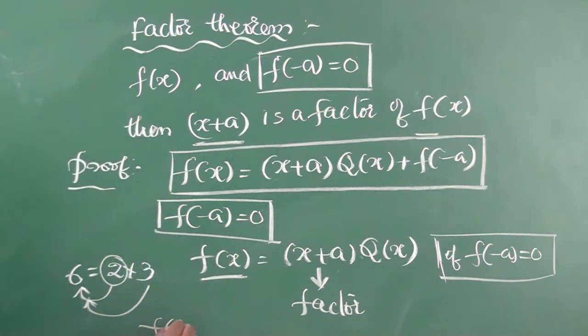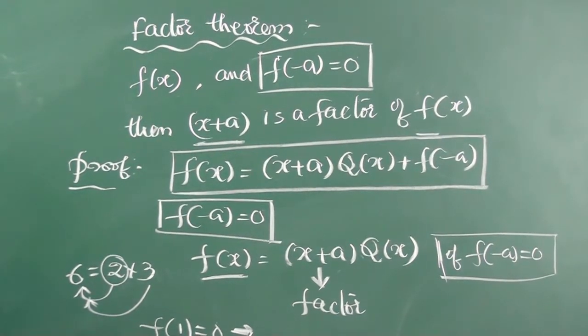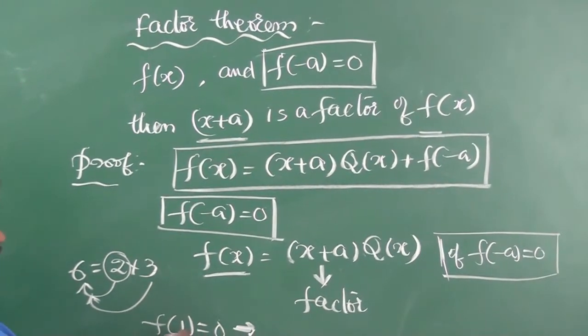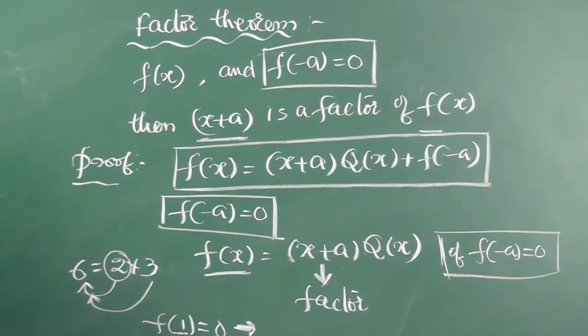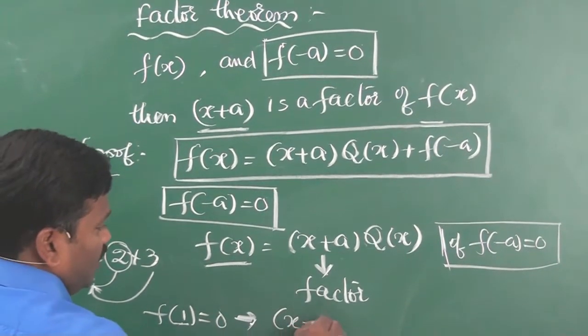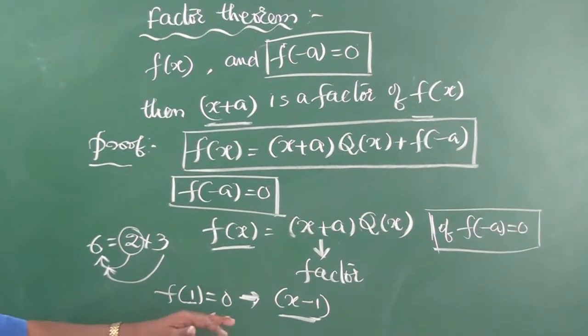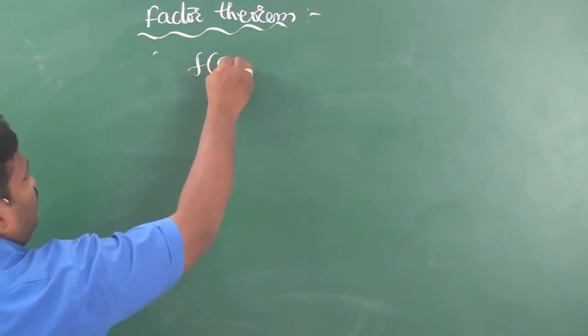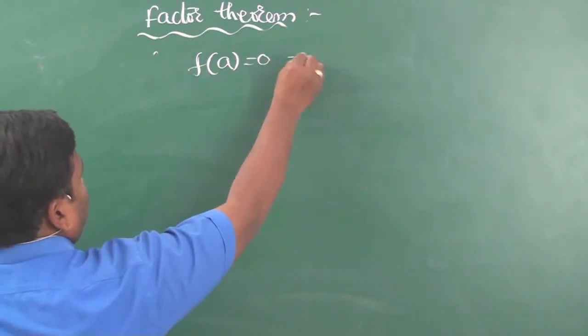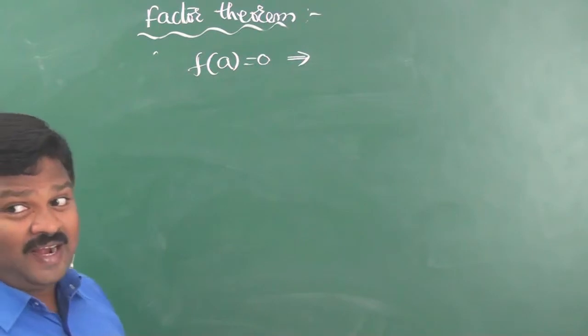Now, if f of 1 equal to 0, what is the factor? Say, f of 1 equal to 0. 1 is the zero of x minus 1. Therefore, x minus 1 is a factor of f of x. F of a equal to 0. What is the factor of f of x?